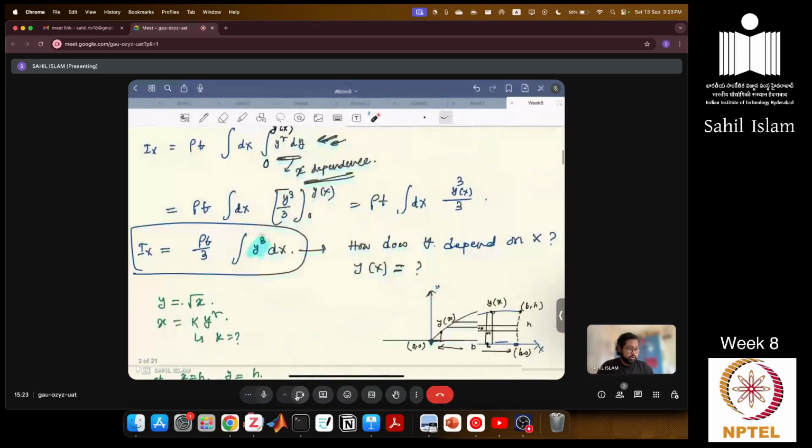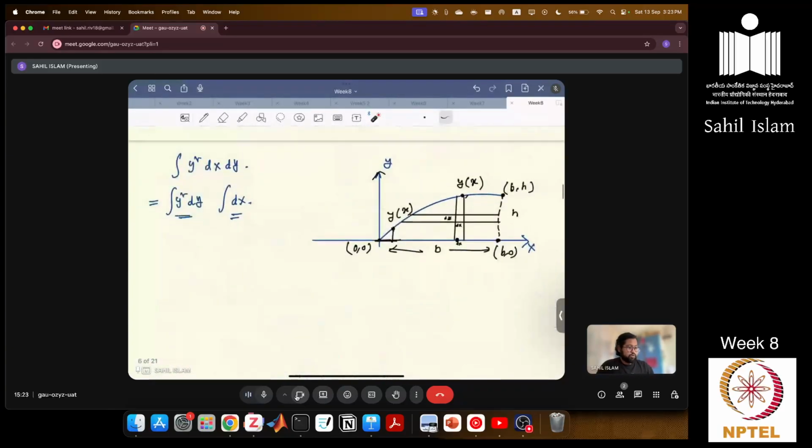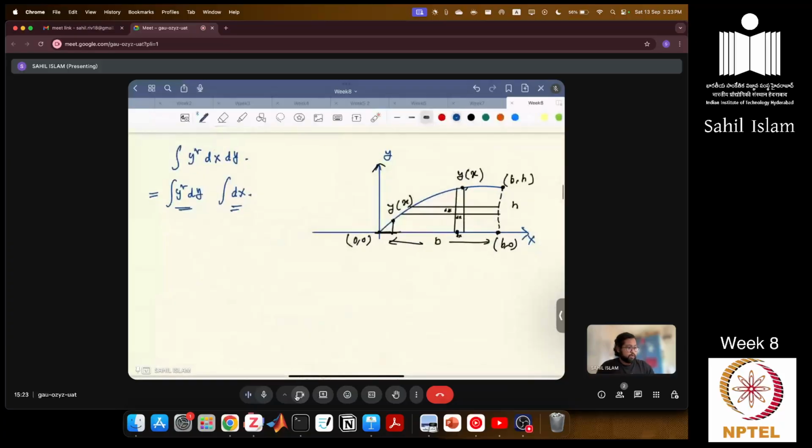Very important. You have to put the limit from some x as a function of y to b. Okay, some x as a function of y to b.